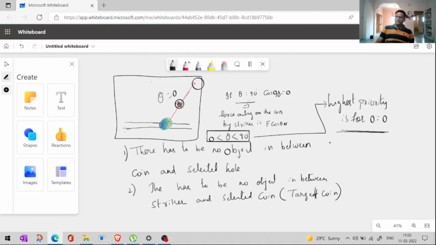Our least priority depends on your own personal choice. I generally take the least priority as theta equal to 80 degrees.